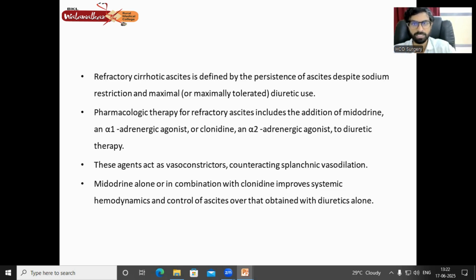Pharmacologic therapy for refractory ascites includes addition of midodrine, an alpha-1 adrenergic agonist, or clonidine, an alpha-2 adrenergic agonist, to diuretic therapy. These agents act as vasoconstrictors, counteracting the splanchnic vasodilation. So midodrine alone or in combination with clonidine improves systemic hemodynamics and control of ascites over that obtained with diuretics alone.